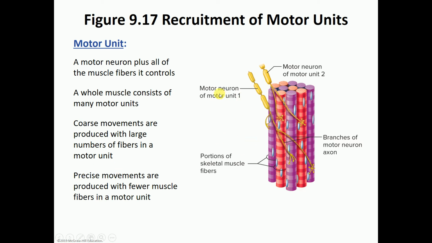So this one motor neuron would maybe innervate 2 to 3 muscle fibers, compared to the back, where one motor neuron would maybe innervate 100 or 200 muscle fibers. Because again, the more precise a movement you need, you would want these smaller motor units in order to give you that control and preciseness.